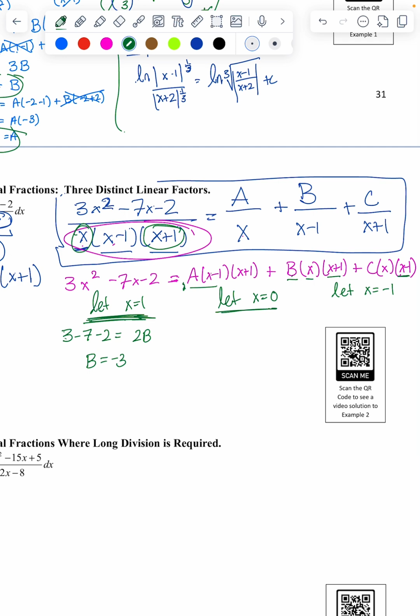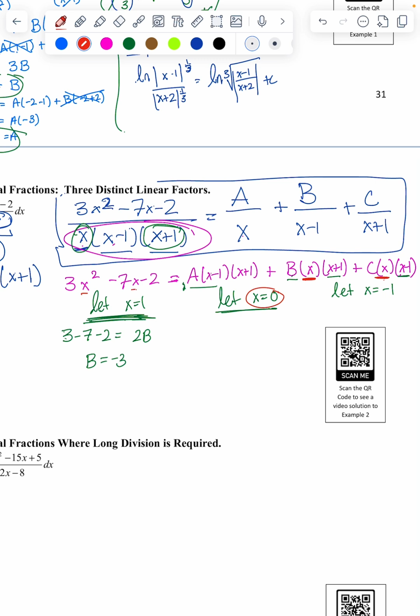Next up, let's let x equal 0. So when you let x equal 0, guess who goes away? The b and the c, right? Anywhere that x is there, it's going to go away. But I'm going to take that 0 and plug it in everywhere for x.